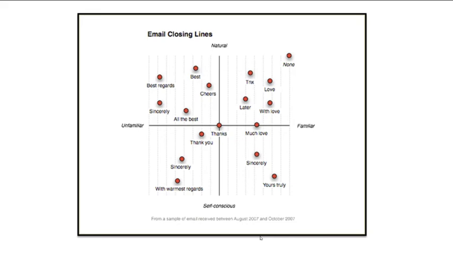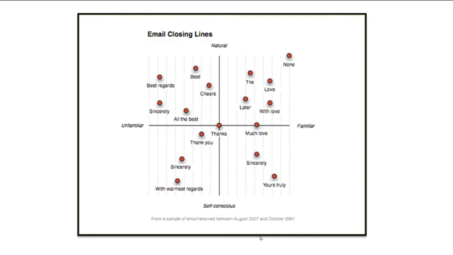So I have this diagram here, and to some degree, it's a bit tongue-in-cheek. But it's kind of plotting the familiarity of different types of closings in regards to their casualness or their formality.